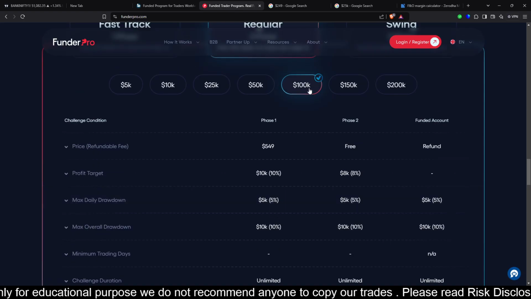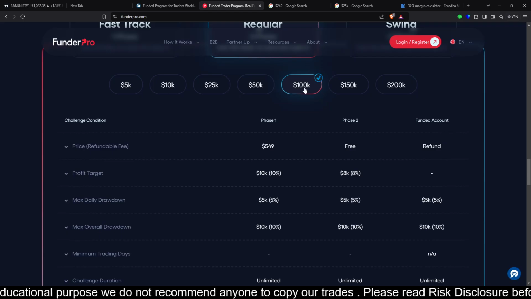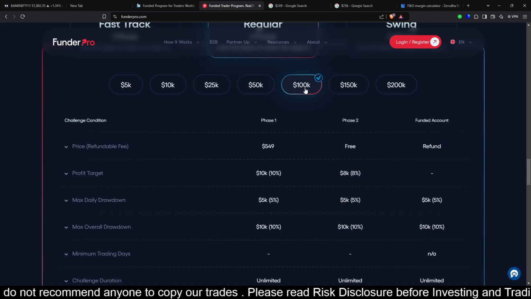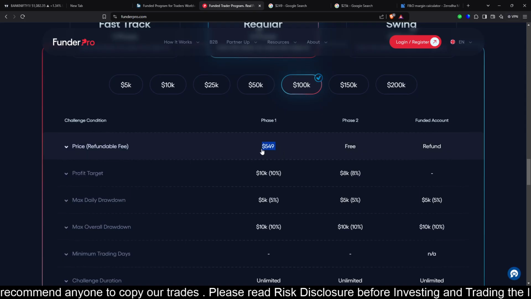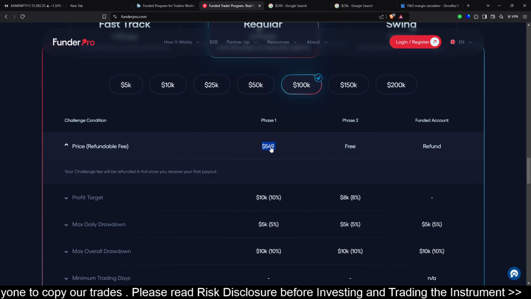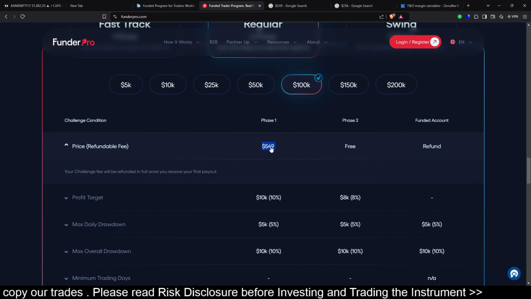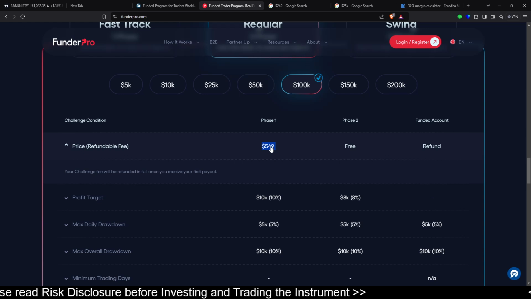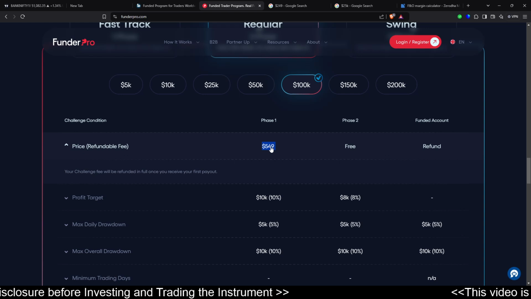Guys, just remember, you are having a 100K account, and you are ready to lose $10,000 just by paying the subscription fee, which is not even 0.5% of the entire capital. So if you try to generate even 0.5% profit per day, obviously you are making one of the highest returns on investment.